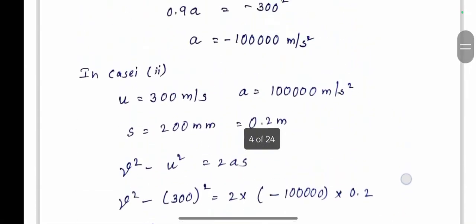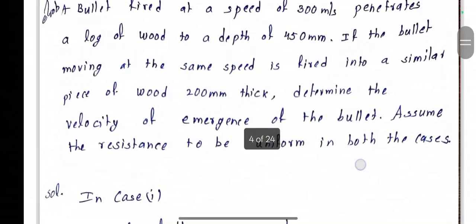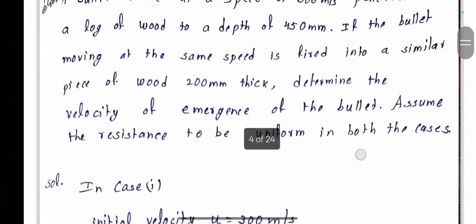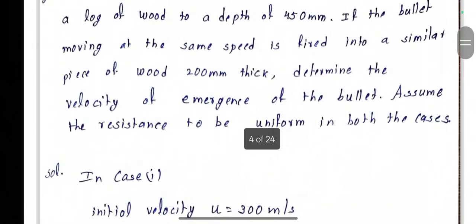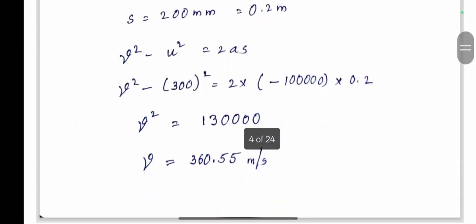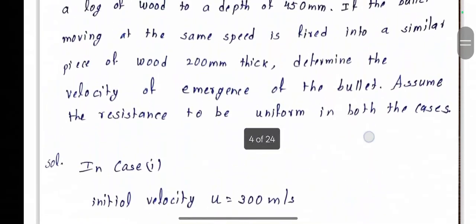Therefore, if the bullet at a speed of 300 meters per second goes into a piece of wood 200 mm thick, the velocity of the bullet at the exit point will be as calculated.